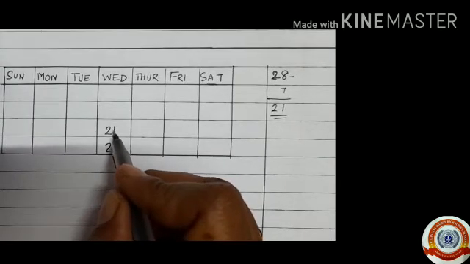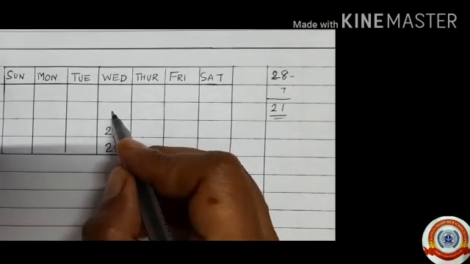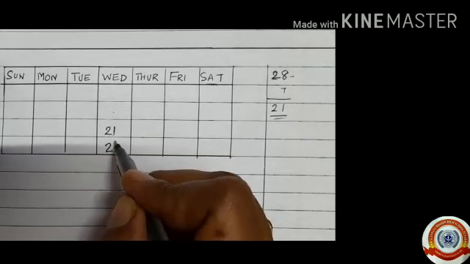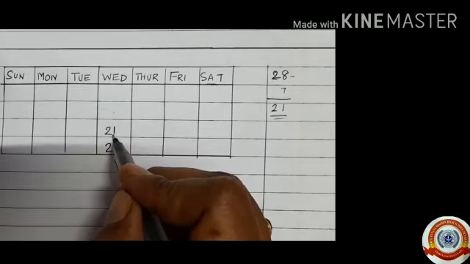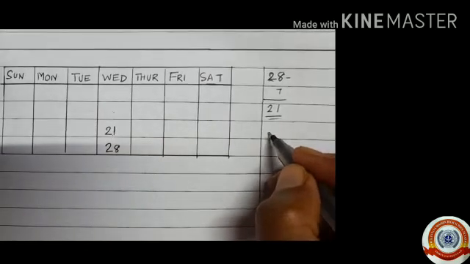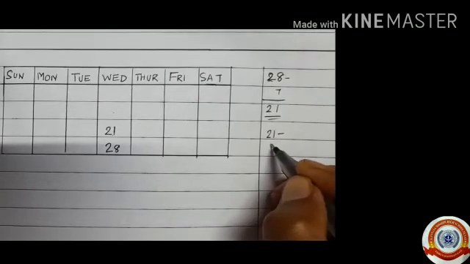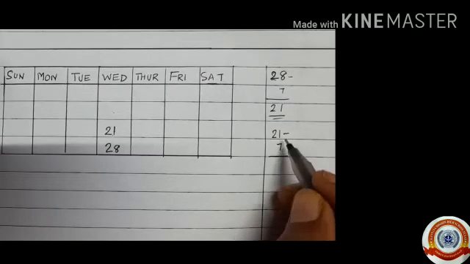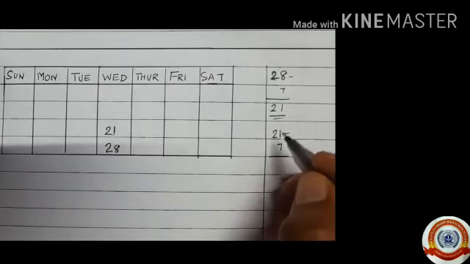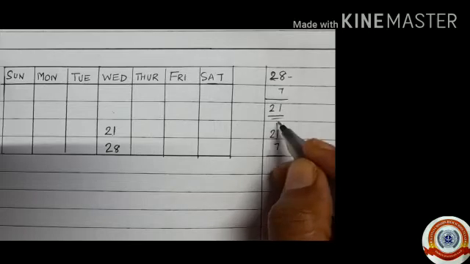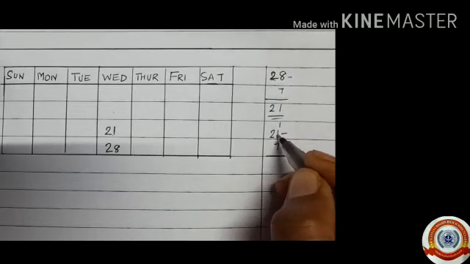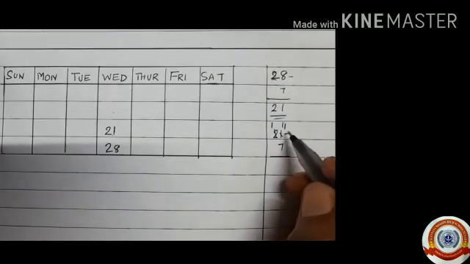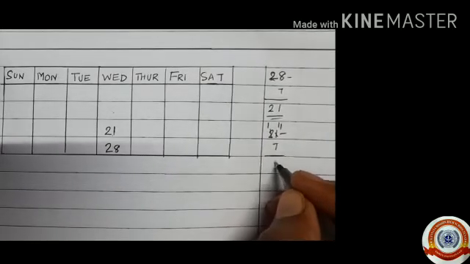Again, to find the date of the last Wednesday from 21, subtract 7 from 21. That is 21 minus 7. Can you subtract 7 from 1? No. So, we can borrow 1 from this 2. So, this 1 becomes 11 and this 2 becomes 1. 11 minus 7, 4.